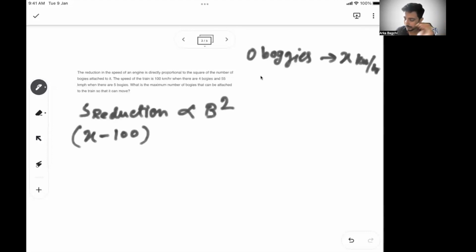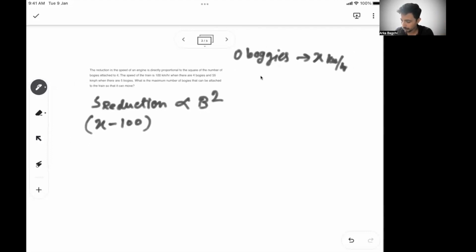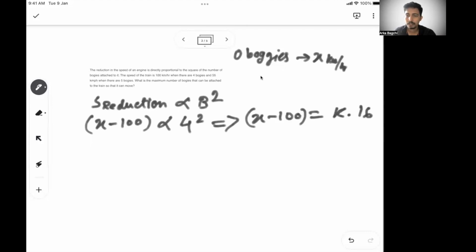When the speed is 100 kilometer, the speed reduction is x minus 100, when there are 4 bogies, so that is 4 square. From here we can write x minus 100 equals k into 16, again the concept of variation, constant of variation. Similarly, in the second case, the speed is 55, so the speed reduction is x minus 55.